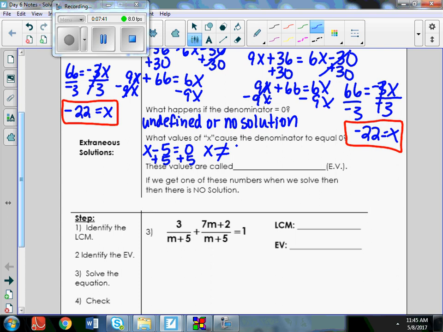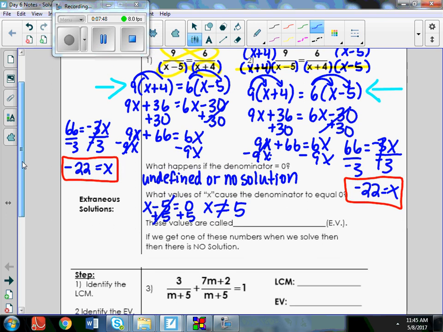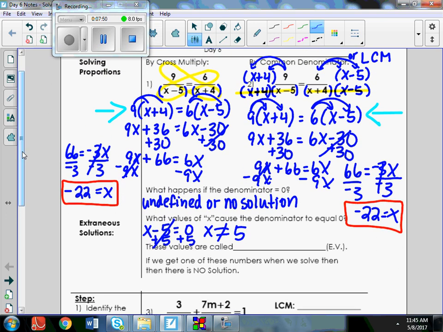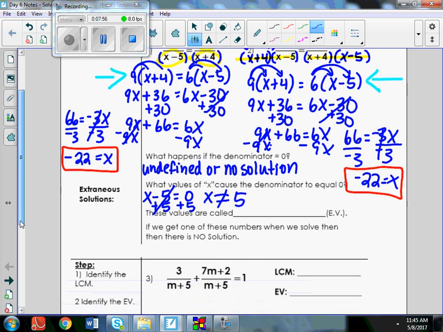And that tells you that the x value in that fraction cannot be equal to 5. Because if I had a 5 here, 5 minus 5 is 0. And that would give me no solution.